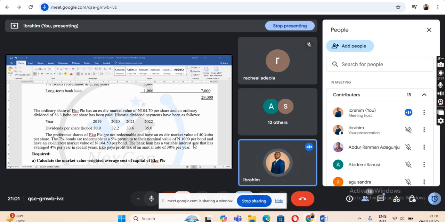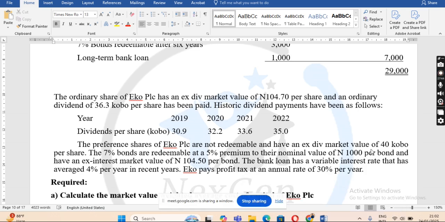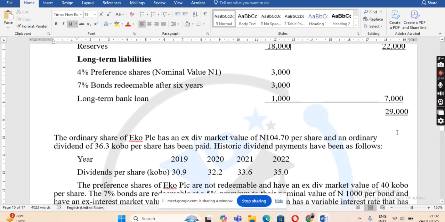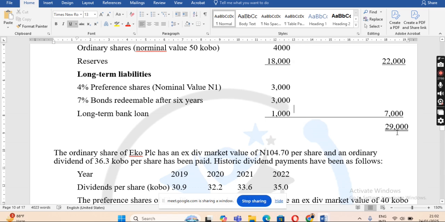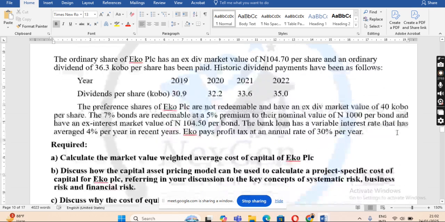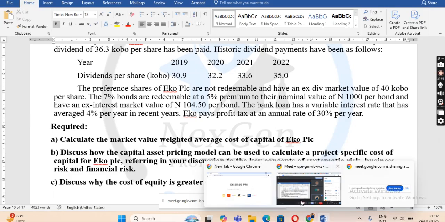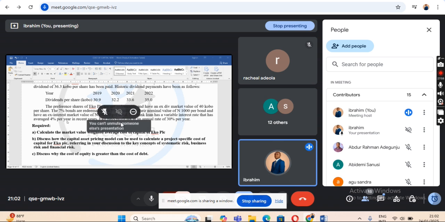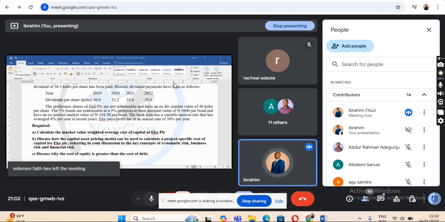Under the long-term liability. Now, another one is the 7% bond, which is redeemable. Don't forget that in the financials, we're given preference shares, bond, as well as long-term bank loan. Now, let's go back to the bond. The 7% bond is redeemable at a 5% premium to their nominal value of 1,000 naira per bond.